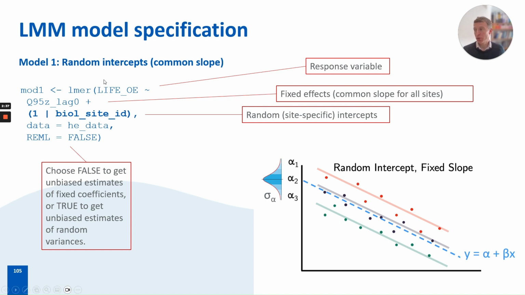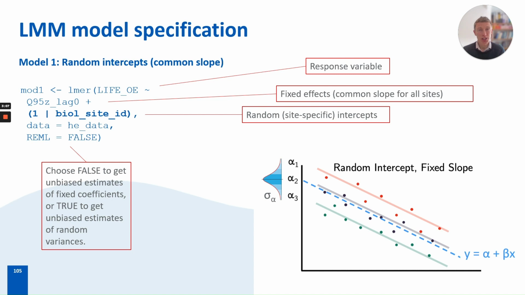So we start off with our response variable, which in this example is a LIFE OE ratio, so we're analysing macroinvertebrate data. Next we have the fixed effects. These describe the common slopes which apply to all sites. So here we've got just one flow variable, a standardised Q95 statistic. And then following that, within brackets, we have the site-specific effects.